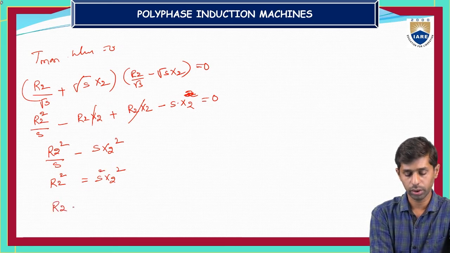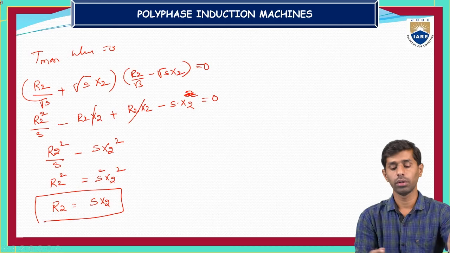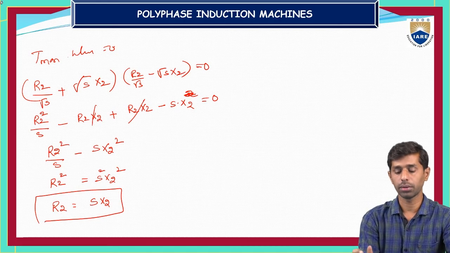So now R2 equals S times X2. This is another way to derive the expression for maximum torque.